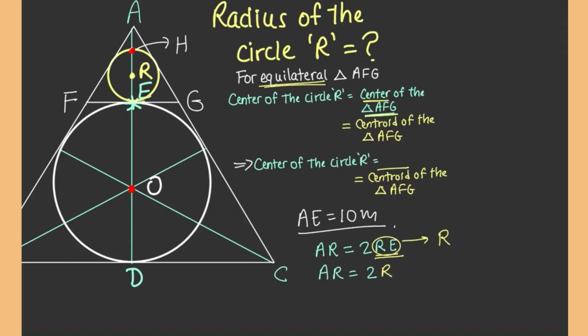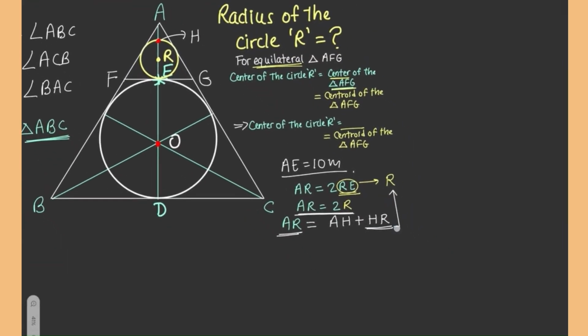Now this AR can also be written in a different way. AR is also equal to AH plus HR. What is HR equal to? HR is also equal to the radius of the circle R. And this AR, we know, is equal to 2R.